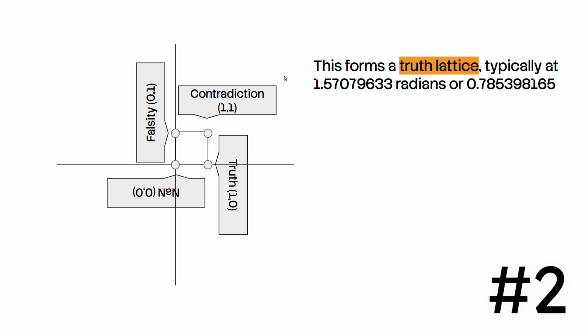If something is false and it's also true, such as grass is green and grass is not green, truth is represented by 1, 0, and if it's no information given at all, it's 0, 0. Interestingly, this forms something known as a truth lattice. It might just look like a square, but it can also be a diamond shape at the respective radians.